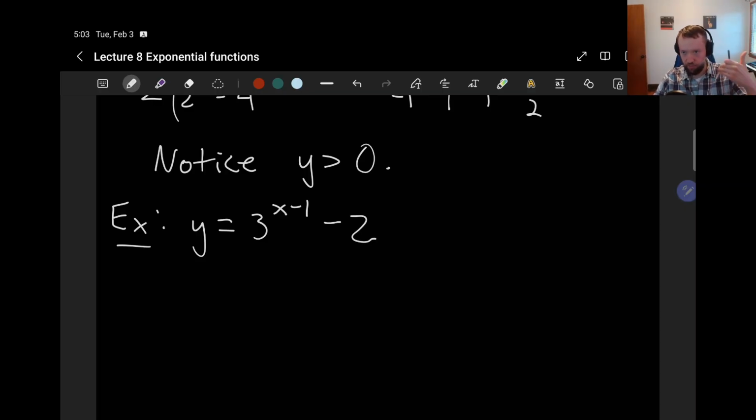It's not just a simple a to the x. Well, this -1 with the x and also the -2 over here, they are transformations of your graph. Now, we're not dedicating a whole lot of time to this, but I want to mention it briefly. First, this -2.